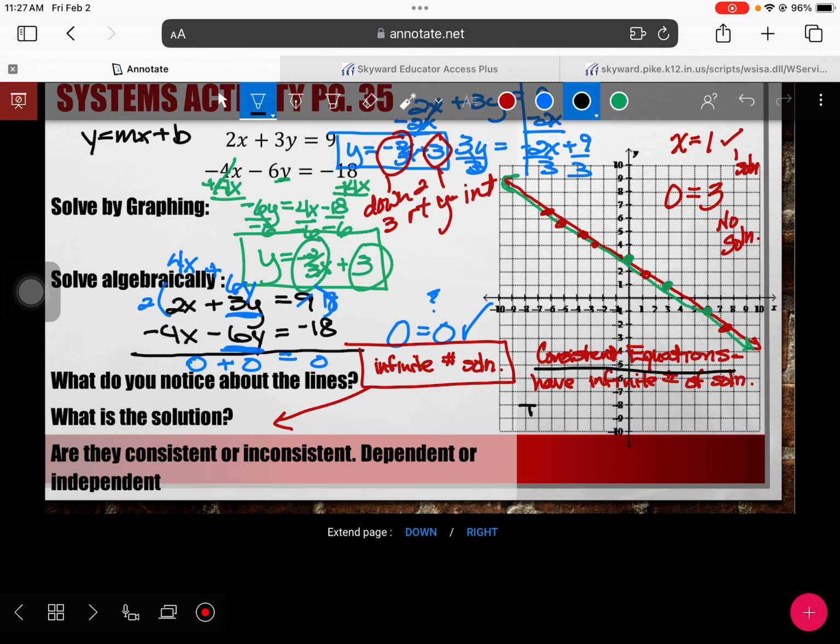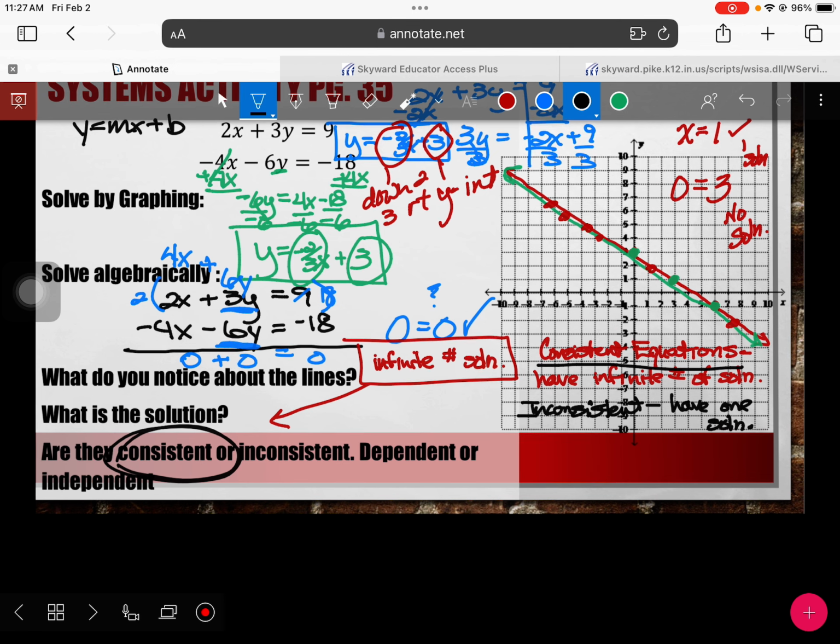Inconsistent, they have one solution. Okay? So consistent, think about one line on top of itself, it's got infinitely many solutions. Inconsistent, they have one solution. So in this case, these are going to be consistent.